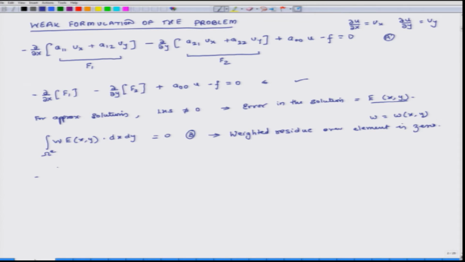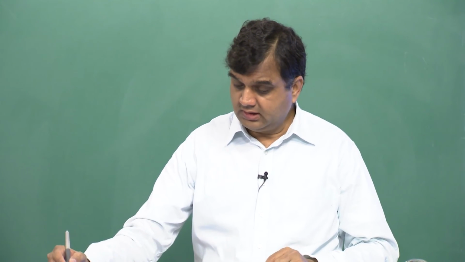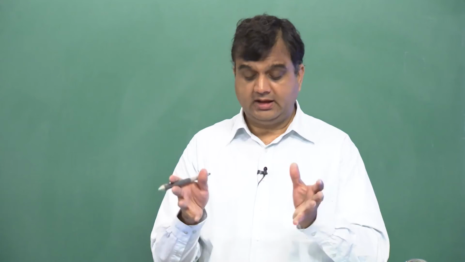Before I do that, I wanted to explain clearly that in a one dimensional system we were integrating over the length of an element, which was a straight line. Here the element could be a triangle or a rectangle. So, we are integrating over the area of the element.